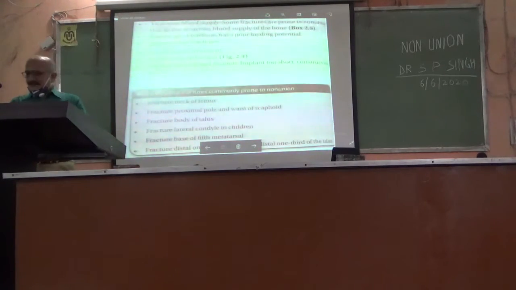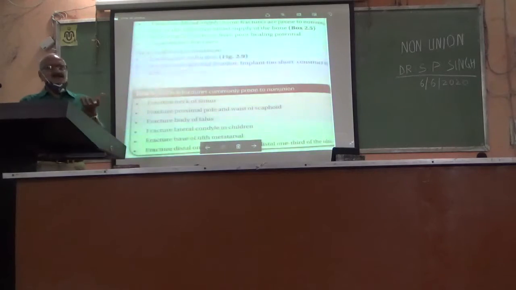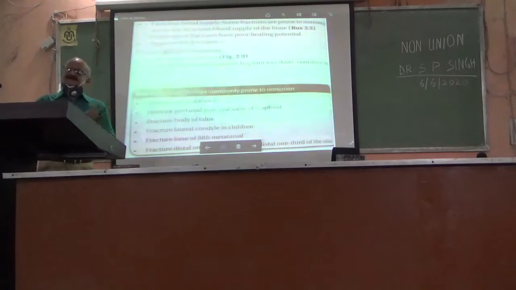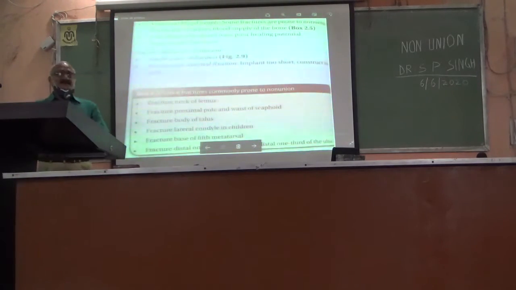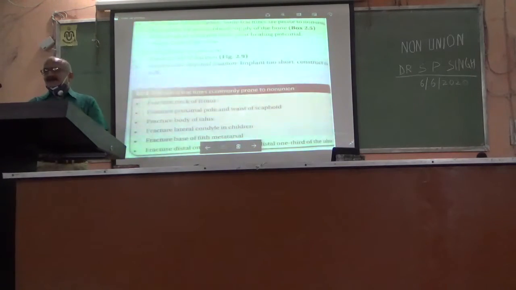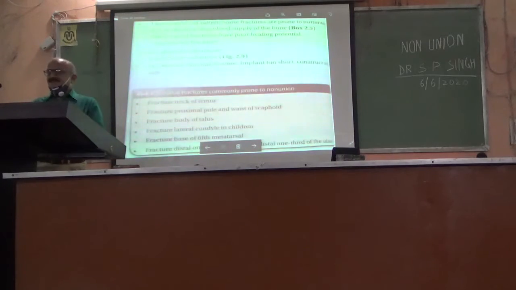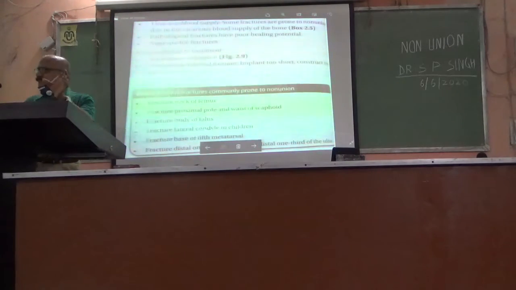Local factors pertaining to the fracture. I told you that the essential thing of bone healing or fracture healing is the presence or absence of blood supply. Suppose a bone has fractured into multiple pieces, and a few important pieces are devoid of blood supply.